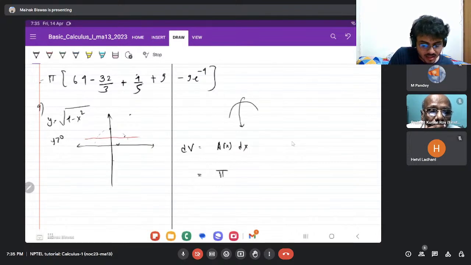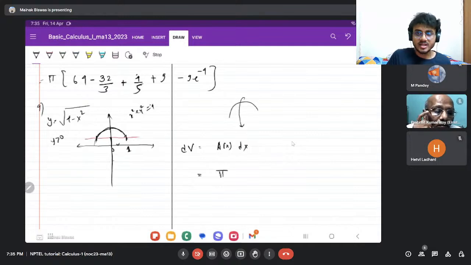x square plus y square is equal to 4 is the equation of the circle. So you'll get something like this. Agreed? From 0 to 1, and you will be getting, what will your volume look like? Something like this, right?